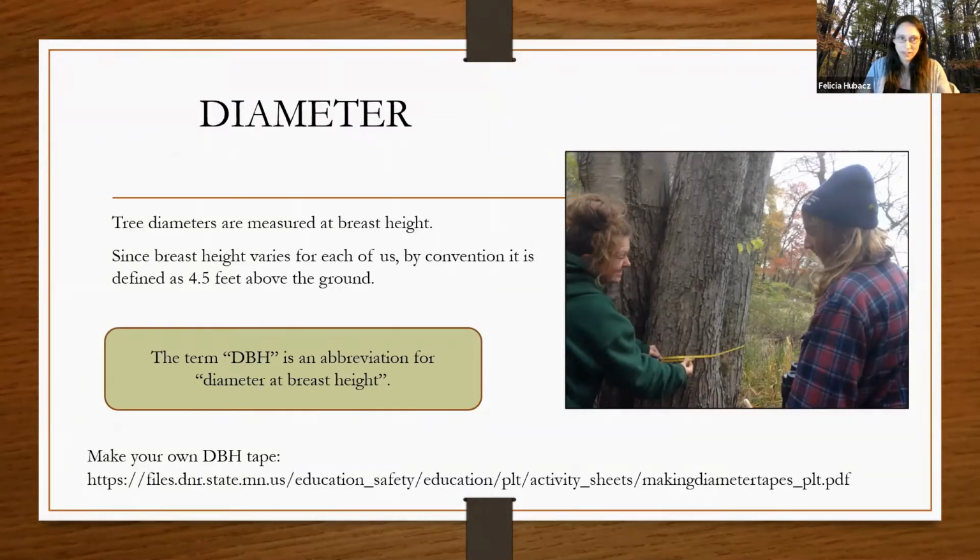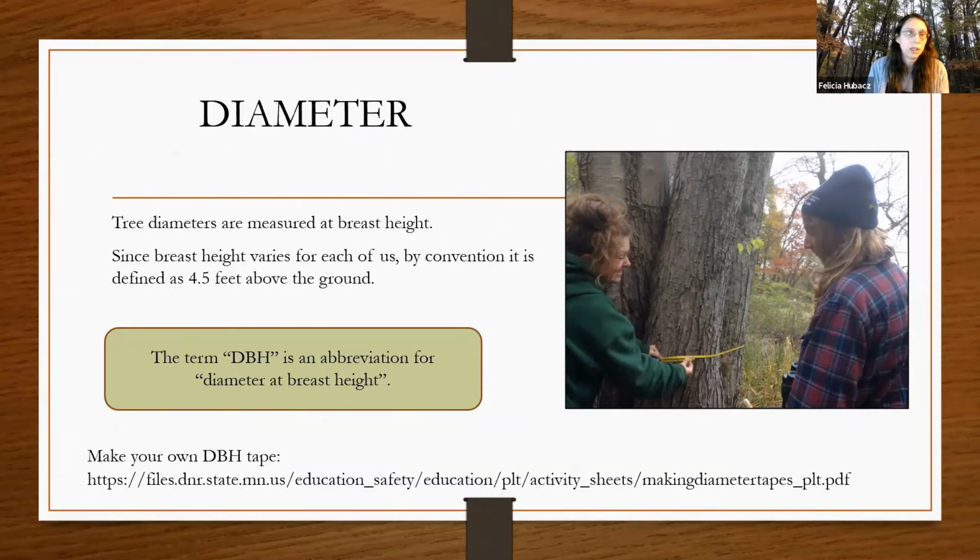It's the widest part of a circle. But in order to get that on a tree, we can't exactly cut the tree down and measure through it. So what we want to do is use a diameter tape. Those are really awesome, and I'll talk about each tool later, but diameter tapes are the most accurate of all the measurements.